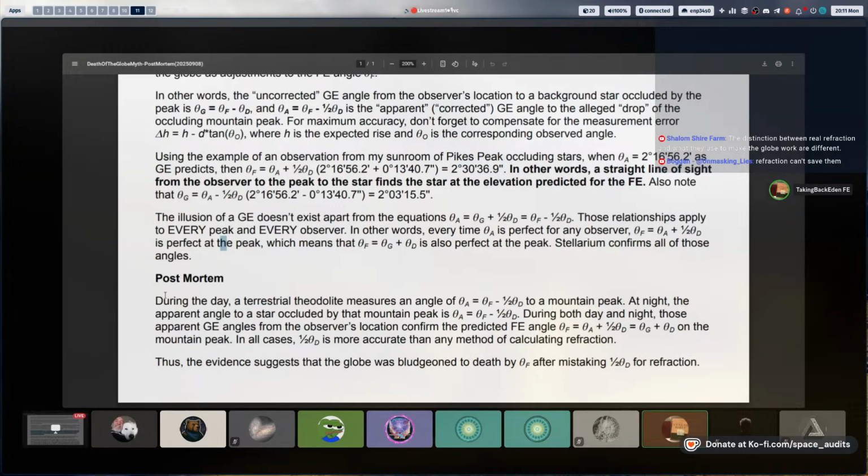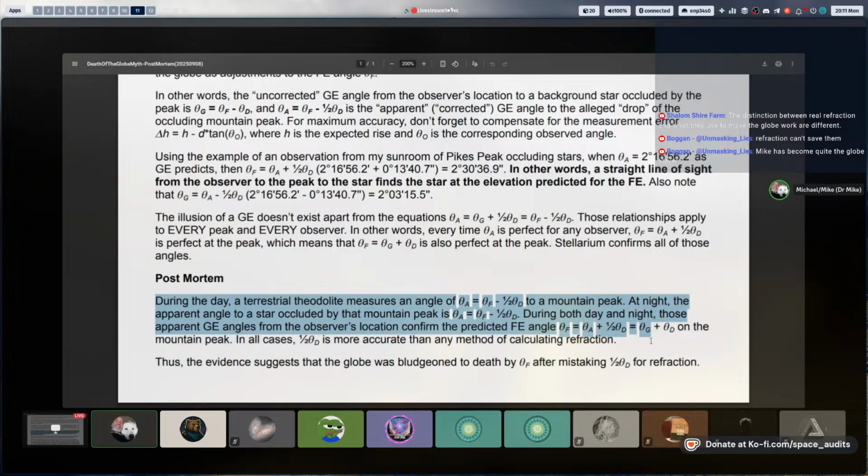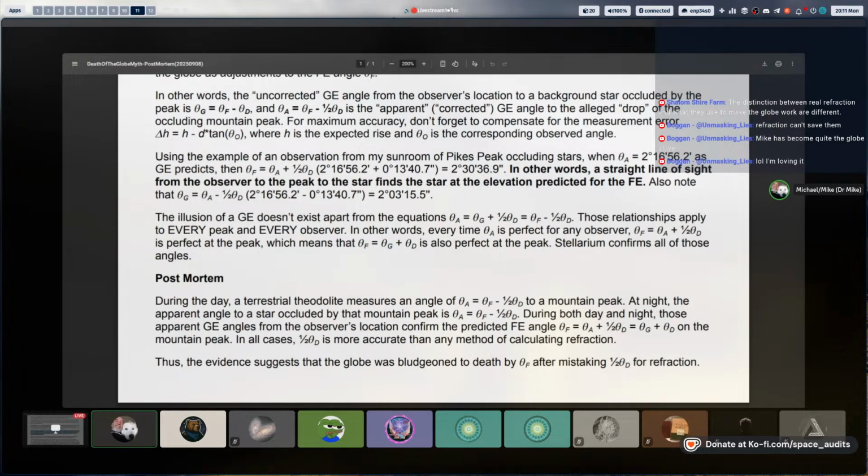Not even a defibrillator is going to help it. You can't bring it back because these equations tell you exactly what is creating the illusion. And if there's any questions before I turn it back over to Alan, I'll be happy to answer them.